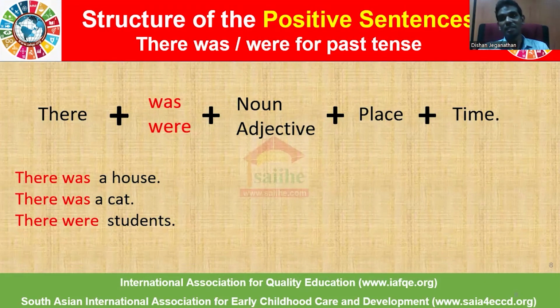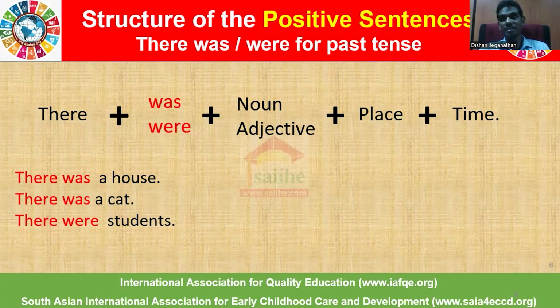And if the noun is a plural, then we make use of were. So it will be there was plus noun or adjective with place and time for a singular sentence. And for a plural sentence, it would be there were plus noun, adjective followed by place and time.